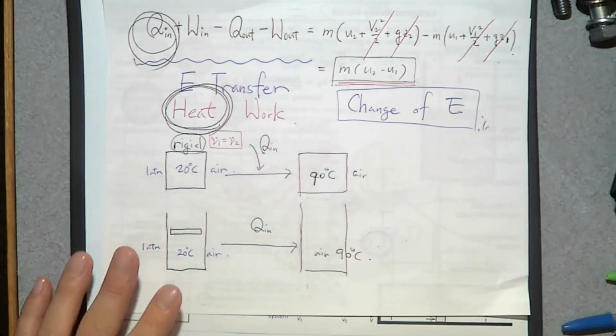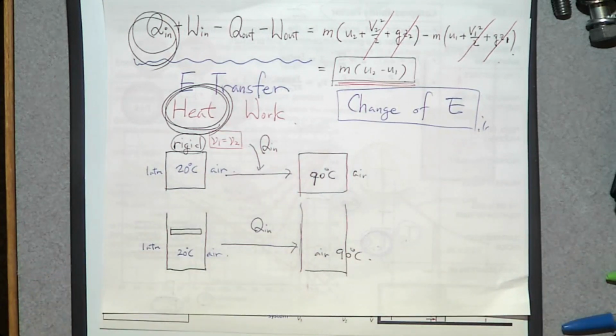What happened to the piston? It stays there. If you heat it, what happens? It goes up or down? It goes up because air expands, right? When you heat air, it expands. That's how the first flight long time ago worked: heat the air inside the balloon, and then it becomes lighter because it expands.